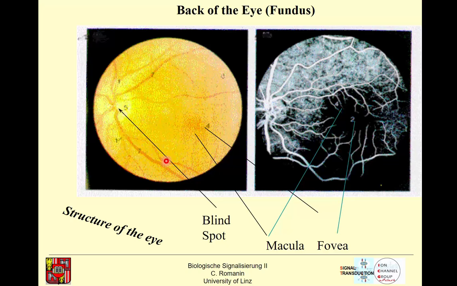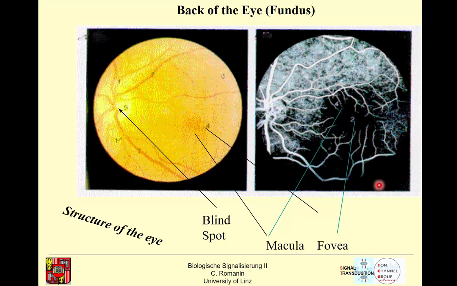Then you can see the blood vessels which are present here. The contrast is much better because the blood vessels are filled with a certain compound that makes them much better visible in this image here.